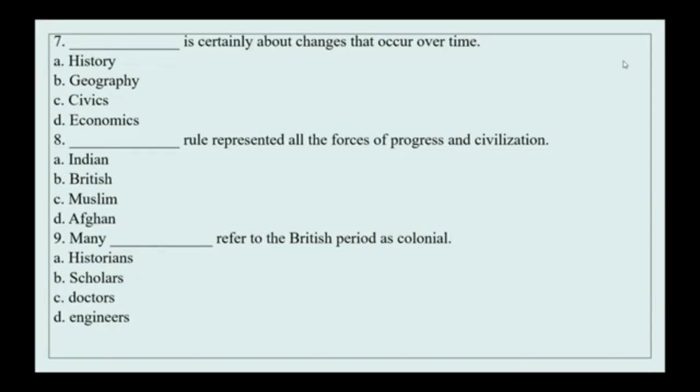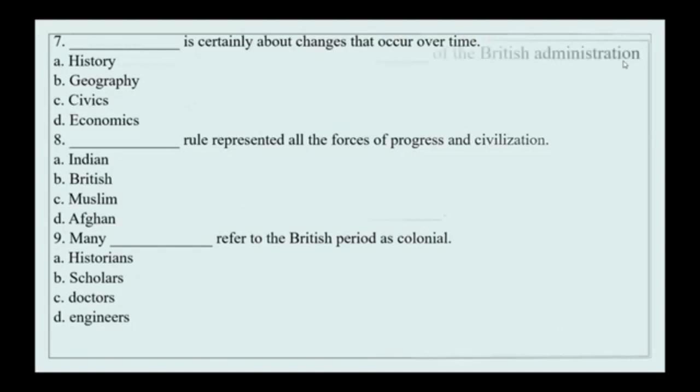British rule represented all the forces of progress and civilization. Next, ninth one. Many dash refer to the British period as colonial. Option A, historians. Many historians refer to the British period as colonial. So for the ninth question, the answer is option A.